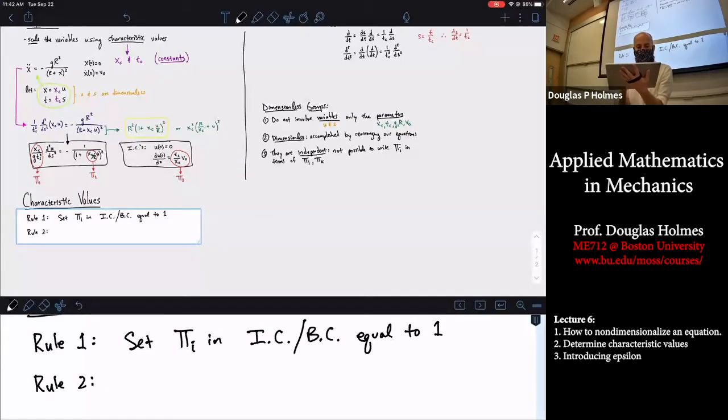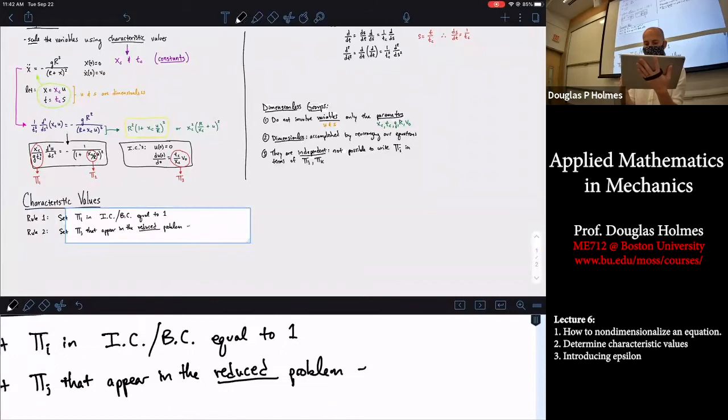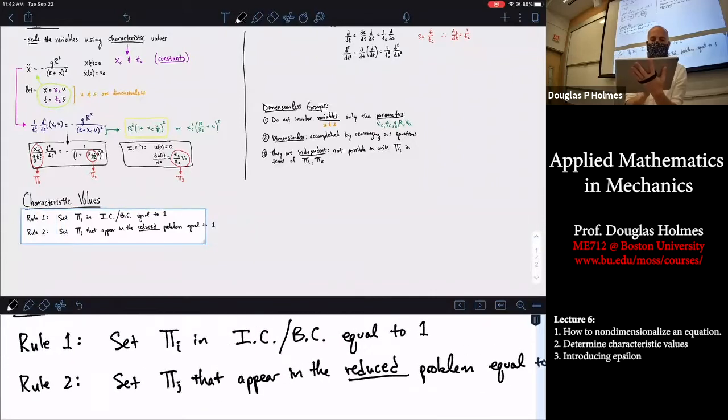Rule 2 is less straightforward. This one says set the dimensionless groups that appear in the reduced problem. Okay, this one's a little bit more tricky.